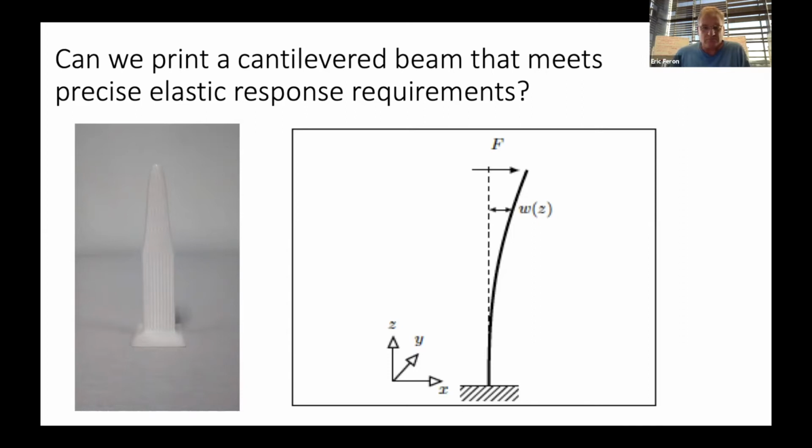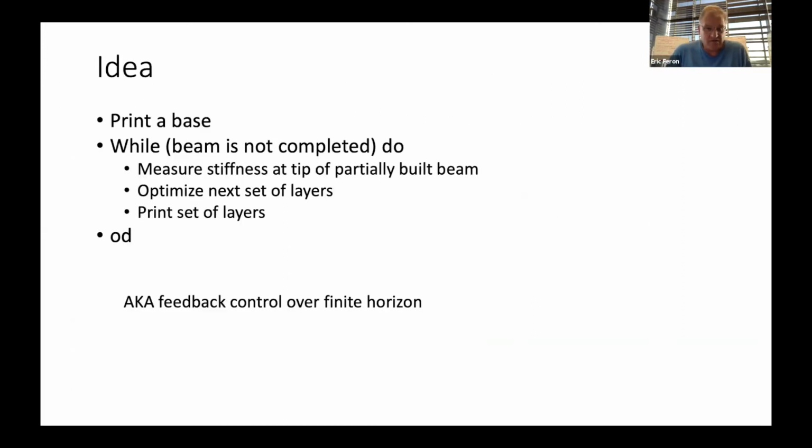Now, the idea to achieve this is to use feedback control by iteratively making measurements of the stiffness of what is being printed, devise what should be printed next, print the next set of layers for the beam, and then iterate.